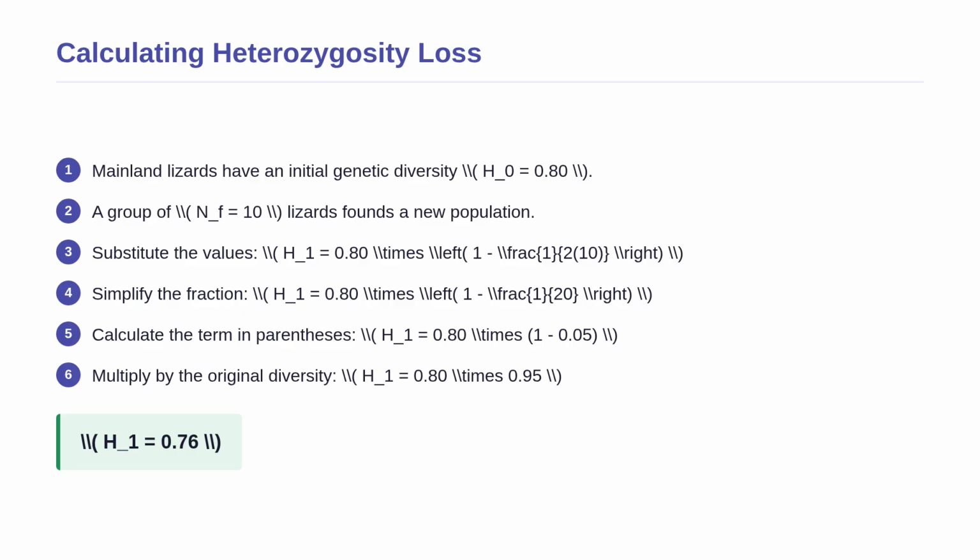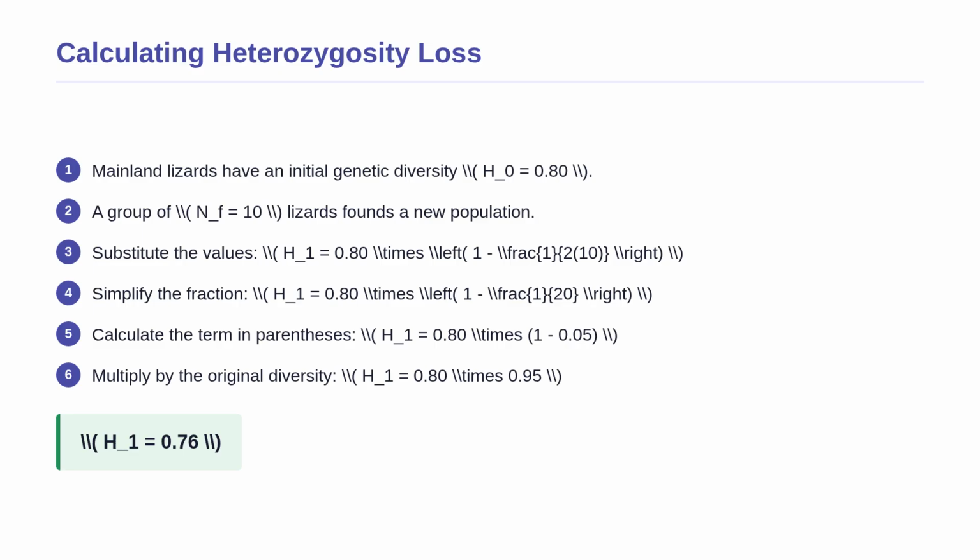Let us see this heterozygosity formula in action. Imagine a population of mainland lizards with an initial genetic diversity index, H0, of 0.80. A small group of just 10 lizards floats on a log to a new island, so NF equals 10.